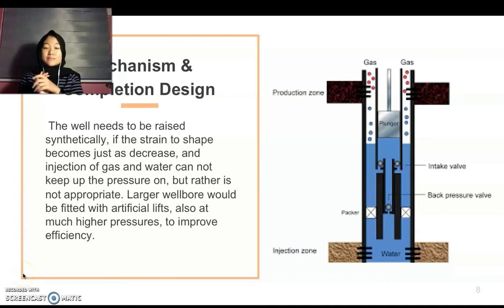So now let's go to the mechanism and completion design of a downhole separator. Basically we know that the design goes hand in hand with the function, or more likely the mechanism, to meet the purpose. So the well needs to be lifted up with artificial lift, to improve the efficiency of production and to maximize the production of oil.